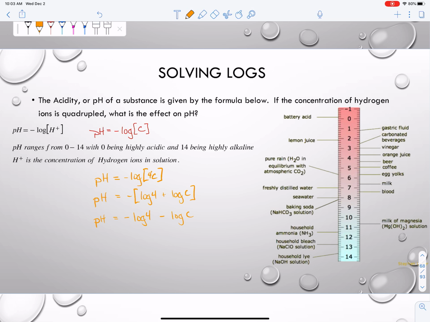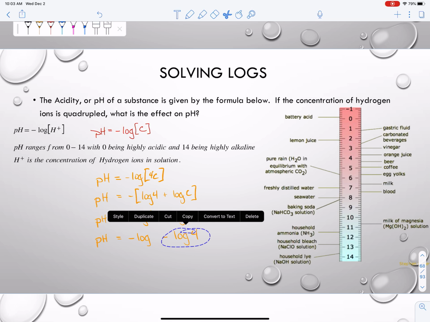Let me do a quick little rearrangement here. So I have a pH that's going to be equal to the opposite of log of C, minus the log of 4. Oops, I forgot the C. I said it and I never wrote it. All right, so here I have the opposite of the log of C, minus log of 4.